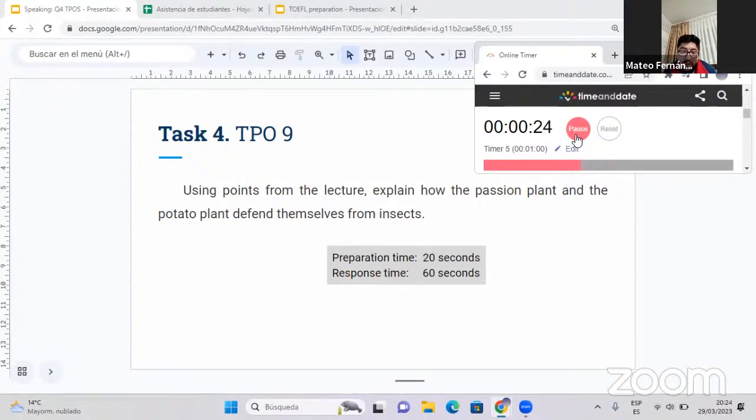Then she goes on to chemical defenses in which she uses the potato plant as an example. The potato plant releases some kind of chemicals when an insect starts eating the plant, and it discourages it from the attack.